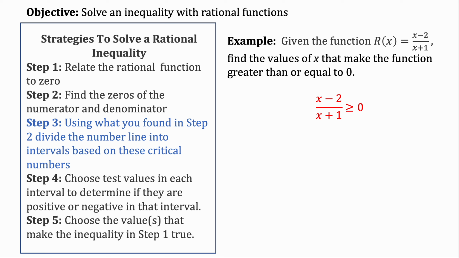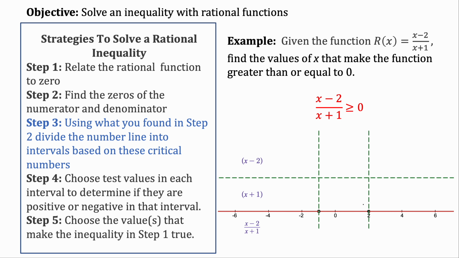Now let's move on to step 3. Using what you found in step 2, divide the number line into intervals based on these critical numbers. So we have the numbers that we see here, 2 and negative 1, in least to greatest, number line order. So here's our negative 1, here's our 2, and I've divided it into intervals. I am going to post right here the factor from our numerator and the factor from our denominator.